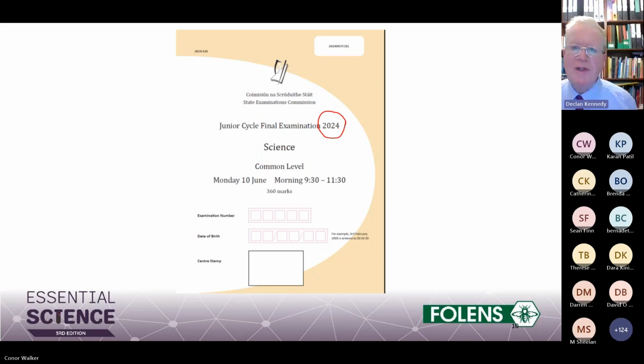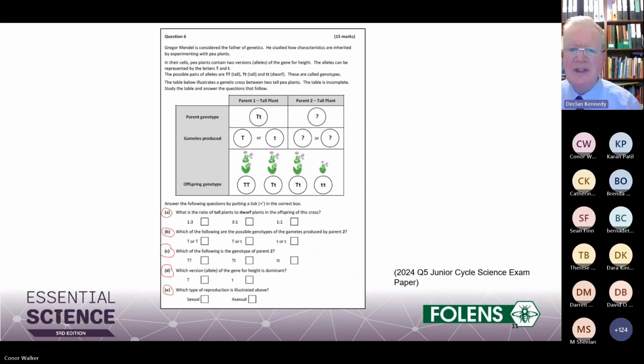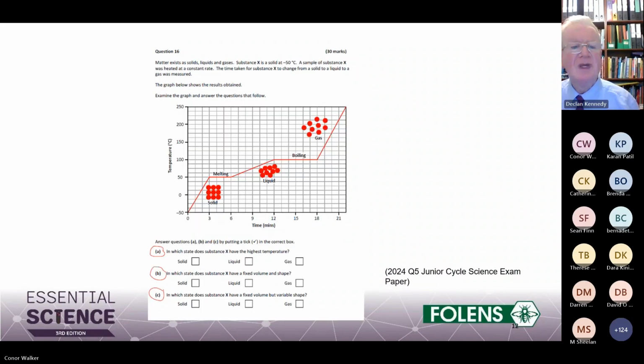Next slide, please. If we look at the 2024 examination paper, and on the next slide, we will see that there's quite an emphasis. There we see 5 multiple choice questions in the area of biology. Next slide, please. Here we see 3 multiple choice questions testing students' knowledge of the particulate nature of matter.